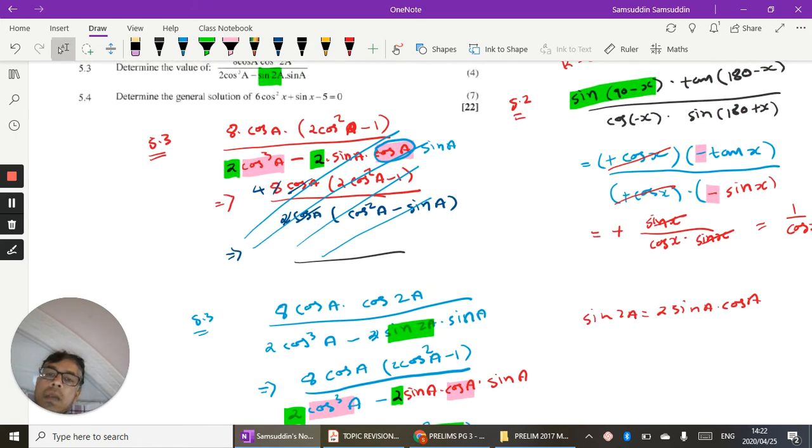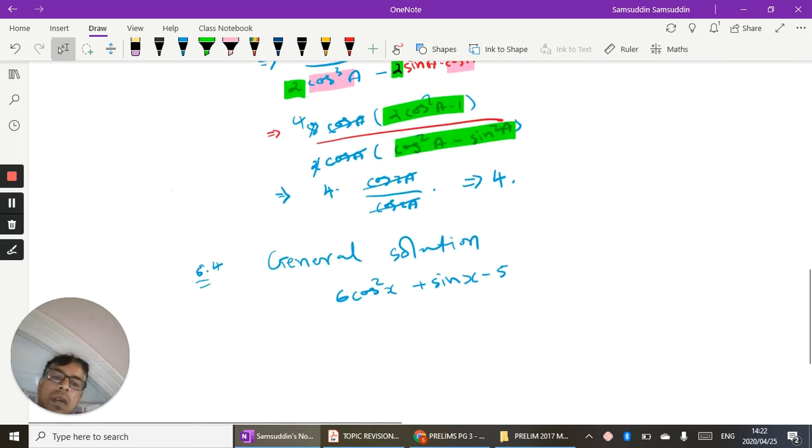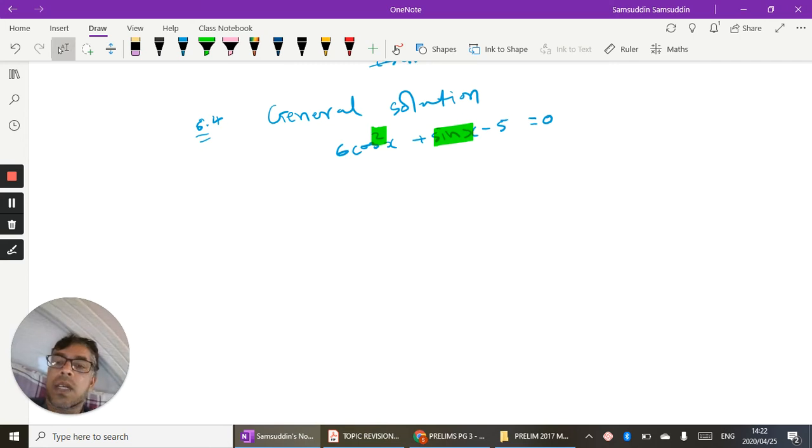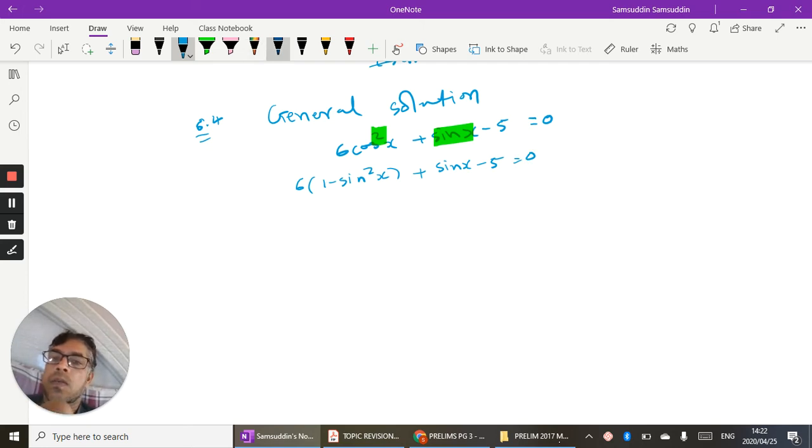I don't want the same problem again. 6 cosine squared x plus sine x minus 5 equals 0. So the first observation says it's a cosine squared and sine x, so I might end up doing a factorization. And so cos squared x I can convert into 1 minus sine squared x, plus sine x as it is, minus 5 as it is, equals 0.